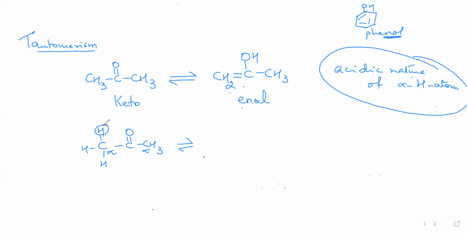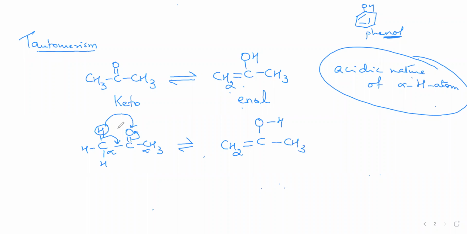As this electron pair comes out as H plus, the electron pair here shifts here to form a double bond. But can this carbon form 5 bonds? No. So as this electron pair shifts in here, this pi bond simultaneously shifts on to oxygen. Oxygen develops a negative charge. This H plus which has come out from here now migrates to the negatively charged oxygen, giving you the enol form.